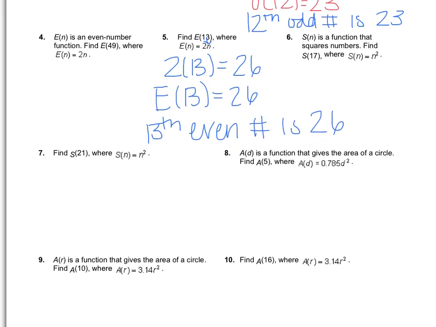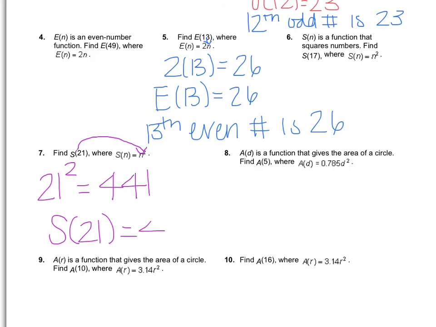Number 7 asks us to find S of 21, which means we're going to plug in 21 for n. So we're going to do 21 squared, which if you put that in your calculator, you're going to get 441. So we could say that S of 21 equals 441.